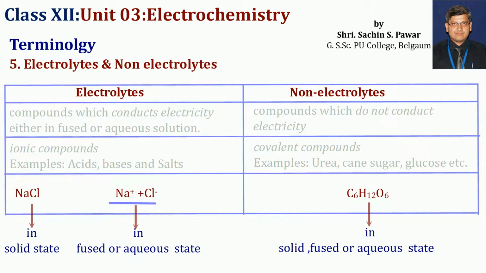Just consider one example each of electrolyte and non-electrolyte. Say sodium chloride for electrolytes and C6H12O6, glucose, for non-electrolytes. If sodium chloride is taken in solid form, we have a perfectly packed arrangement of Na+ and Cl- ions, as we have learnt in solids.